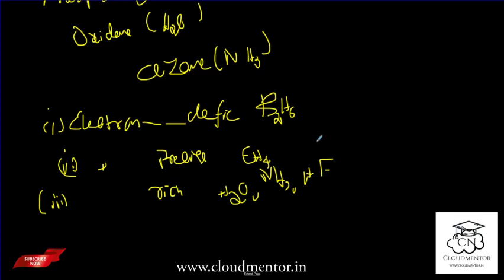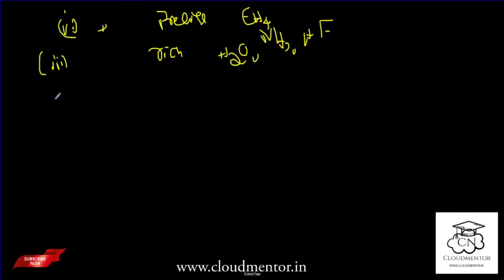Okay, so the third type of hydrides is metallic or interstitial hydrides.